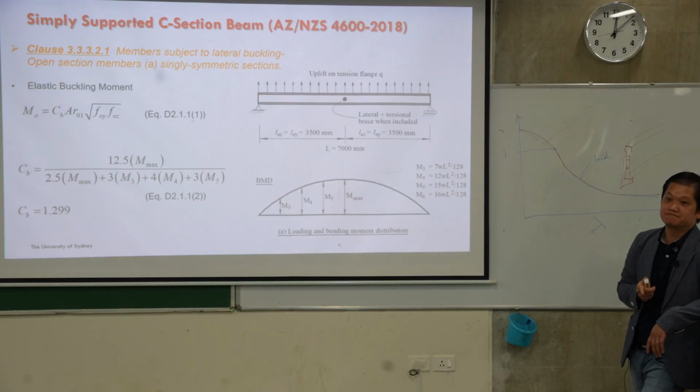Similarly to the column, the row of bridging will play a role in the buckling load, right? You remember? So it's going to reduce L effective somehow.